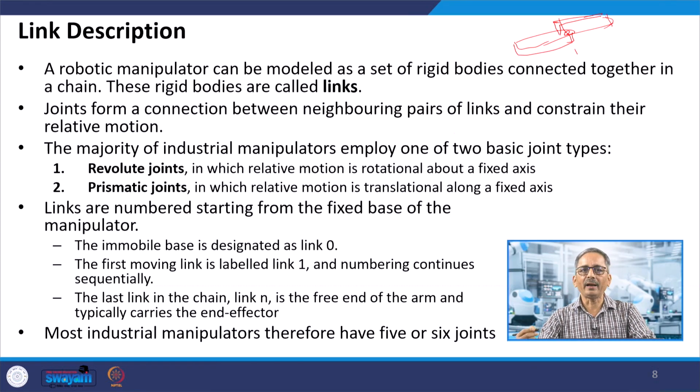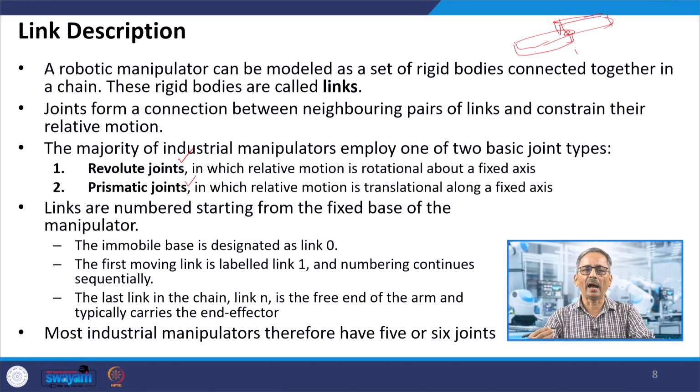The majority of individual manipulators employ one type of basic joint. It is either the revolute joint or the prismatic joint. In the case of a revolute joint, you have rotary motion, rotation about a fixed axis, whereas in the case of a prismatic joint, the relative motion is translation along a fixed axis.